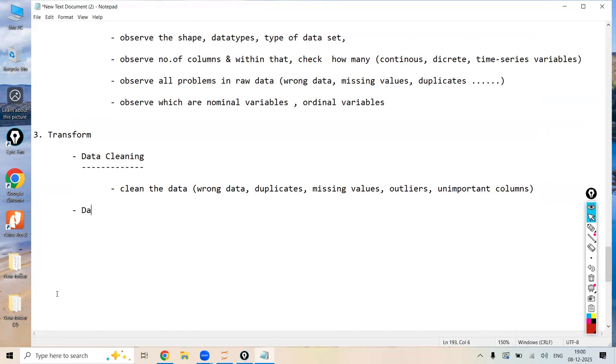Next, you are going to do the data transformation. Transform means convert the data. What are the things you are going to convert? One is encoding. Wrong data types.